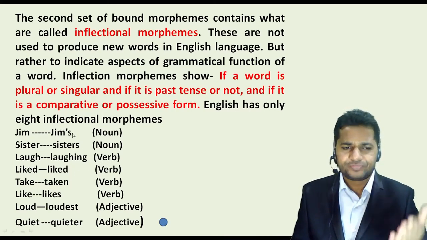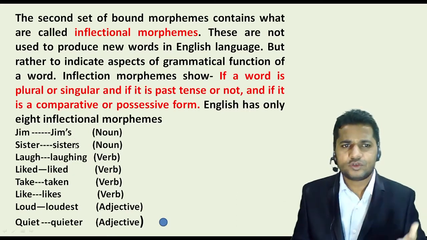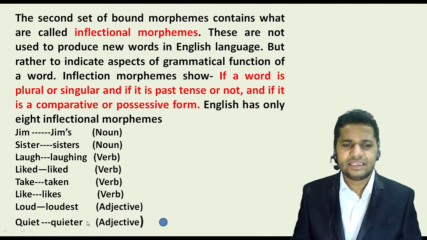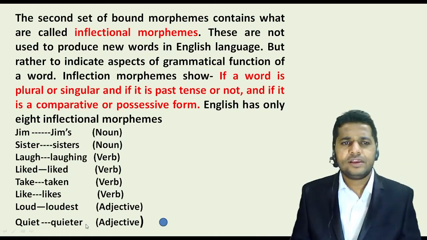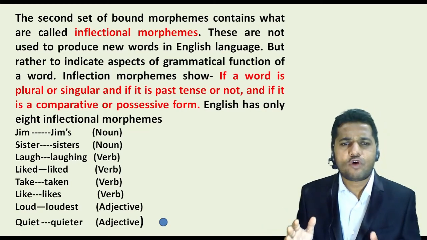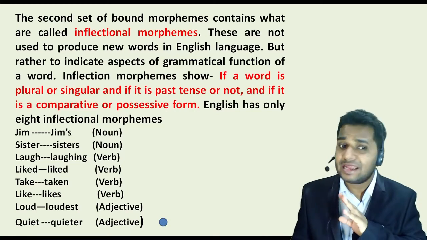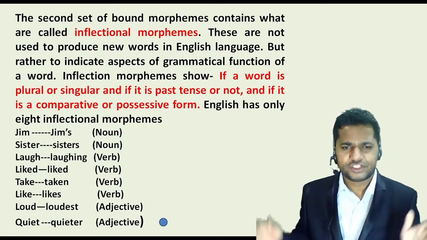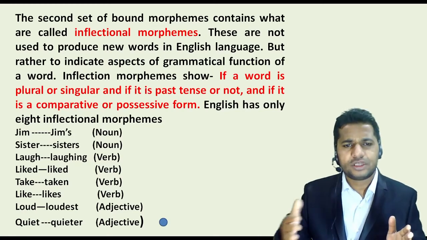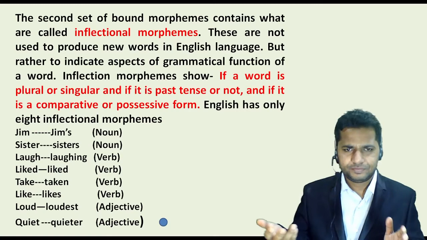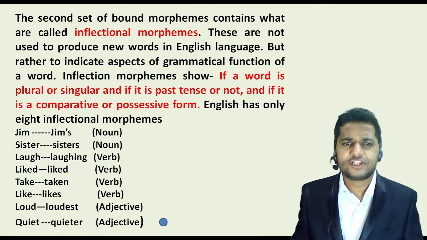So these suffixes, or you can say inflectional morphemes, like s, ing, ed, en, s, est, er, are called inflectional morphemes. And remember one more important thing: you cannot add anything after an inflectional morpheme. They stop the word. They do not allow the word to grow more in size.